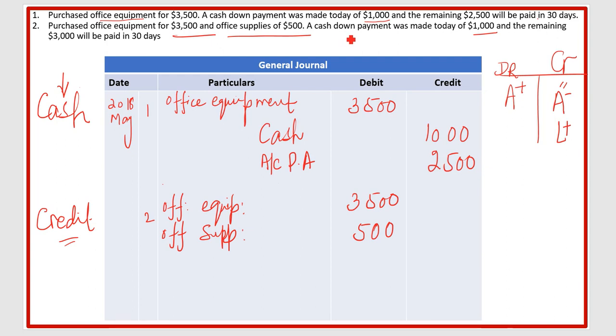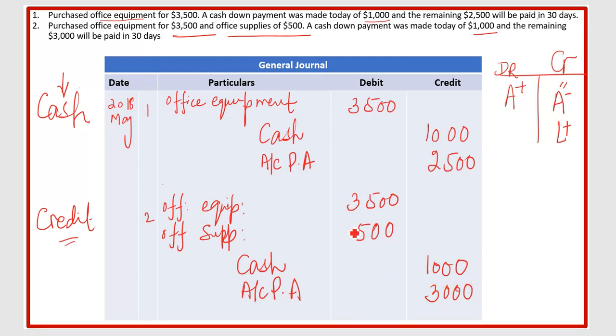So you are paying cash, your cash is decreasing, and if your assets decrease, you write on the credit side. So cash is 1,000, and whatever is remaining, 3,000, because the total is 4,000. The remaining we have to pay in 30 days. It is a short term liability, so accounts payable is 3,000.